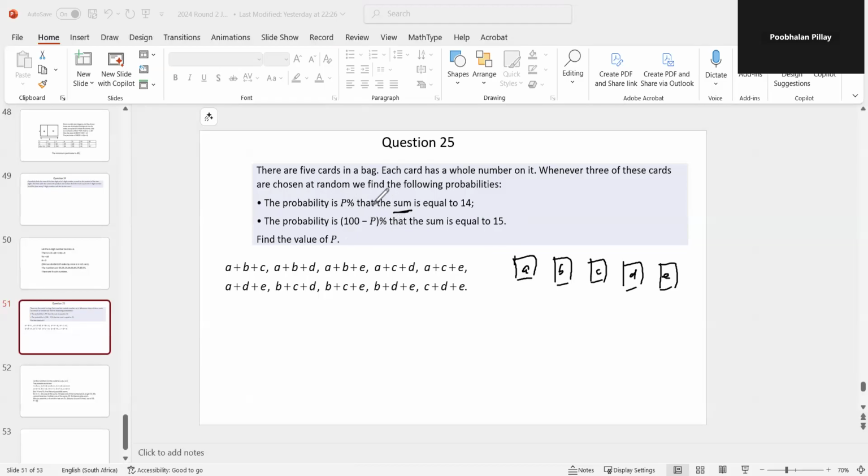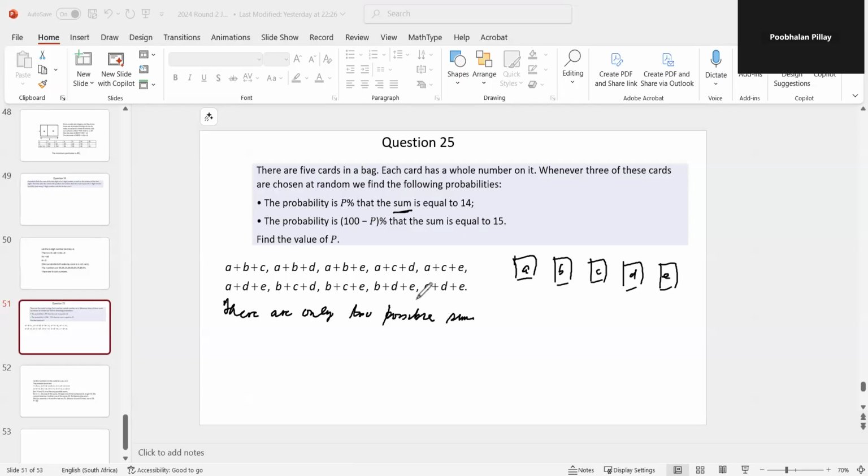So there's no other sum. There are only 2 possible sums. In other words, there are not 10 numbers here, there are only two numbers. Okay? And they are either 14 or 15. So you've got only two numbers.